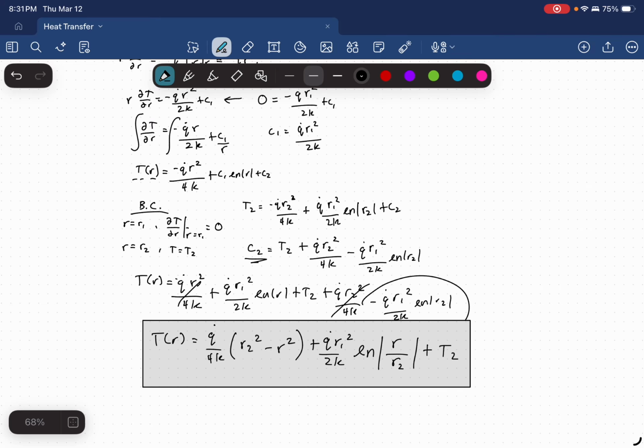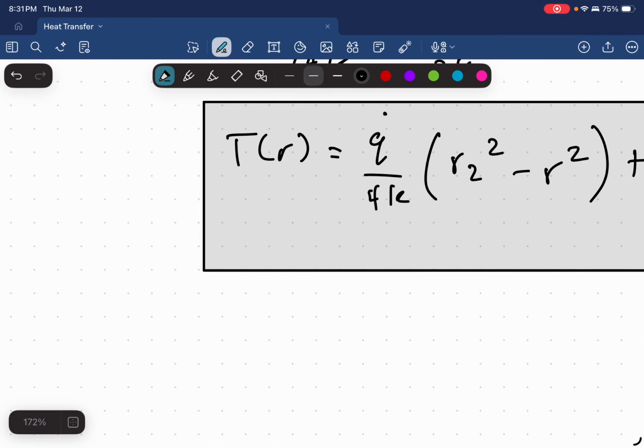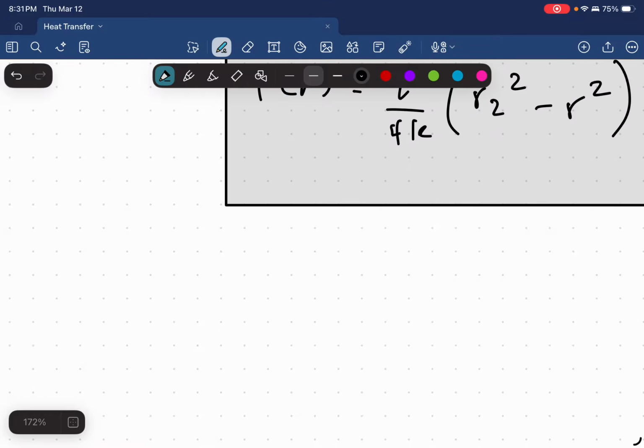And now to find the maximum temperature, we're going to use this equation and we're going to set another boundary condition. So for maximum temperature, we're going to say that at R equals R1, well, where would the maximum temperature be?